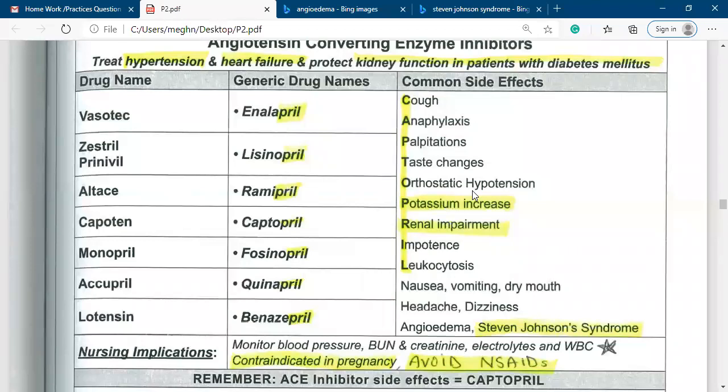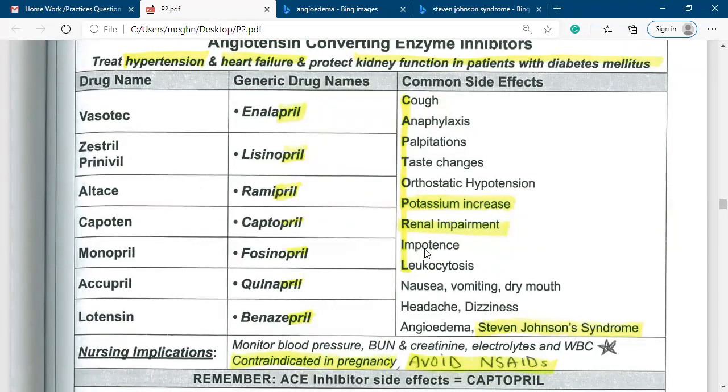Potassium retention means potassium increases. So you have to educate your patient to restrict potassium containing food, right? And this can cause renal impairment. So we have to do a renal function test. How can we do it? Check the BUN level and creatinine level. They are markers.